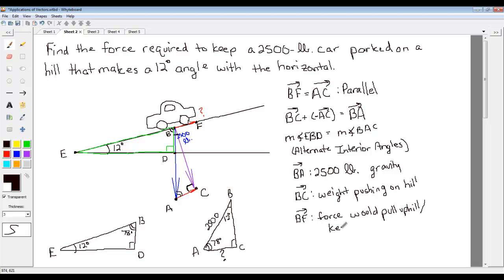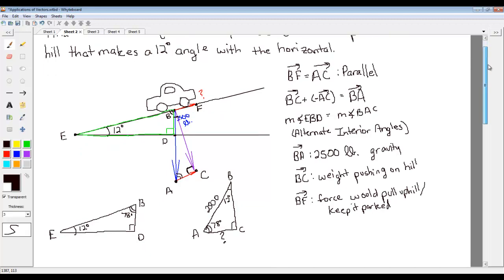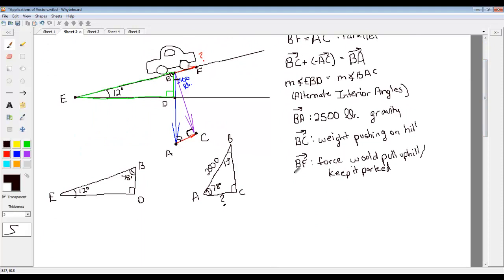And that's what's keeping it parked so that it's not rolling back down the hill. So we're basically trying to find ray BF, which is also AC. If we find the magnitude of AC, that will be the magnitude of the required force.